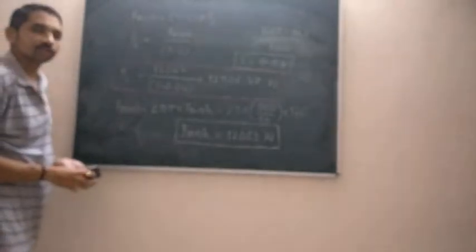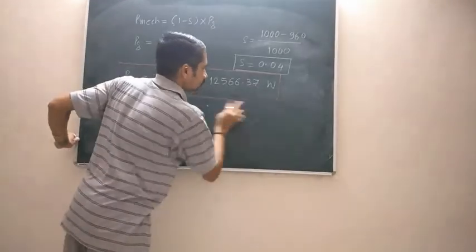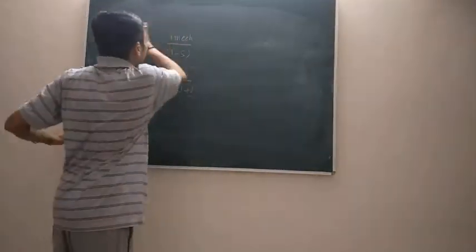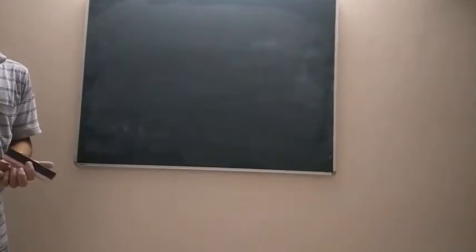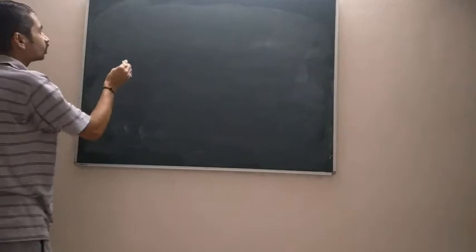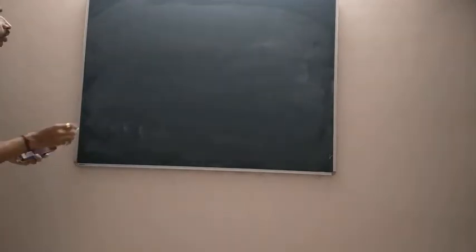Okay, now the next parameter that we are supposed to calculate is the stator core losses or stator iron losses. Now for the stator iron losses, please recall how the input power flows from stator to rotor.